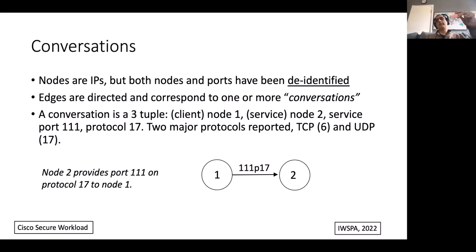There is some noise in that, some uncertainty. The accuracy is probably in the high 90s, so about 90% of the edges are correctly identified. So there is some noise with respect to determining which port is the service port.